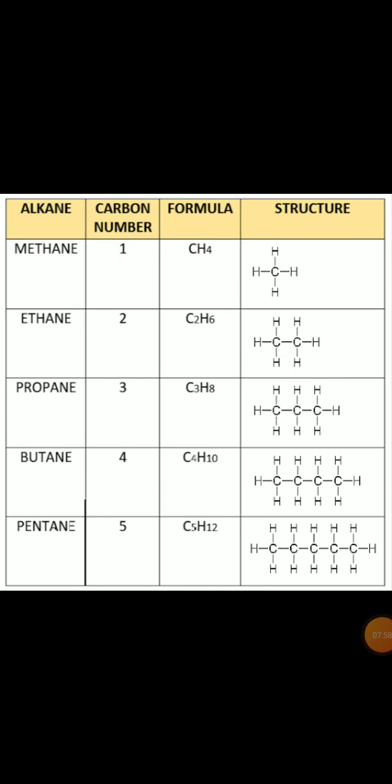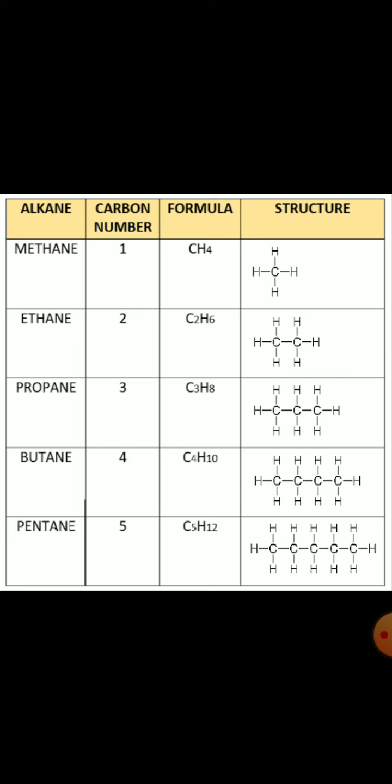Now let us talk about homologous series. If we try to derive the meaning of this word, homo means same. So we can say in general that it is a series having similarities.